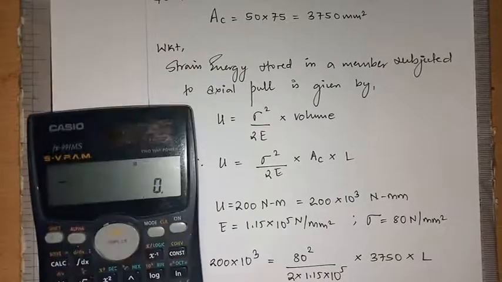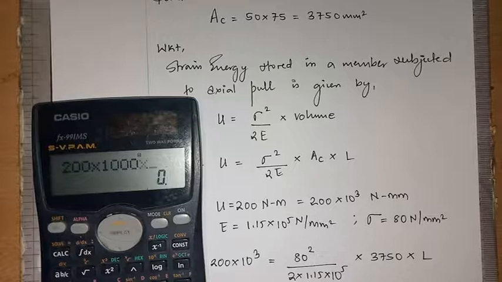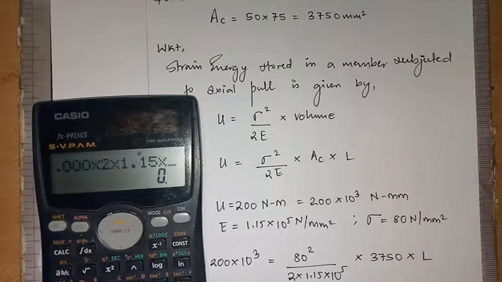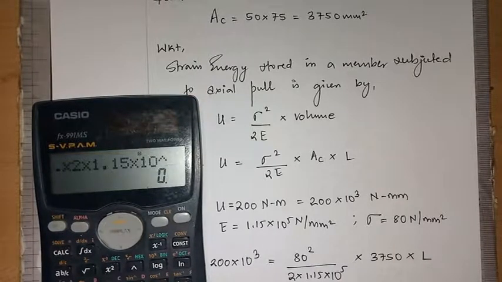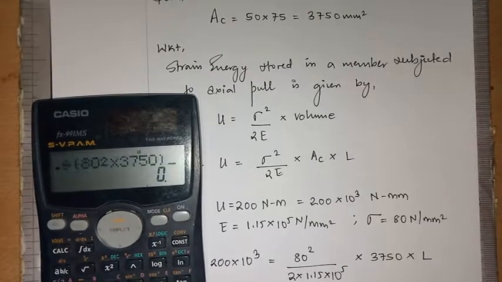In parallel I'll try here as well. So it is 200 into 1000 into 2 into 1.15 into 10 raised to 5 divided by 80 square into 3750.